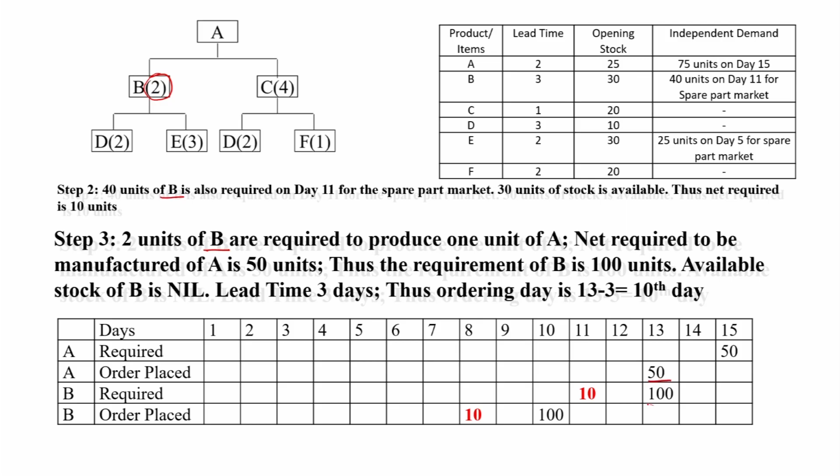So, 100 units of B are required on day 13. You have to start your manufacturing of item A on the 13th day. So, on the 13th day you must have 100 units of B available for manufacturing, and as we have seen, 3 days is the lead time to arrange component B. So, I place the order 3 days in advance, that is on the 10th day, for 100 units of B. So, this is my step number 3.